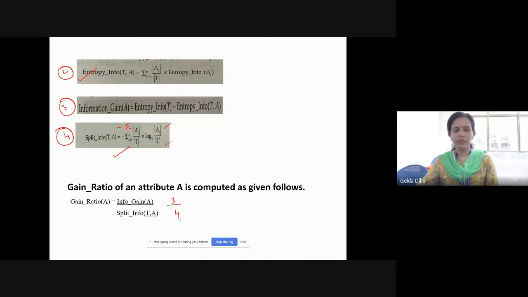This is the only additional step coming here. In order to compute the gain ratio, which will help you select the best splitting attribute in the tree, we compute the split information. That's the only difference between your ID3 and C4.5.